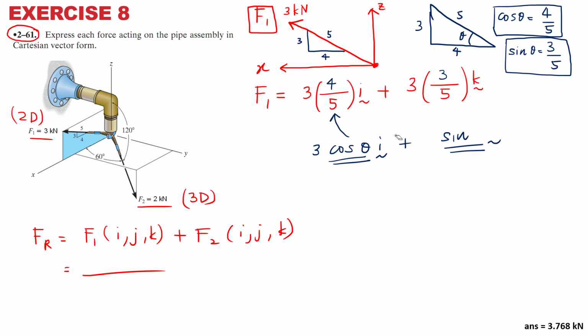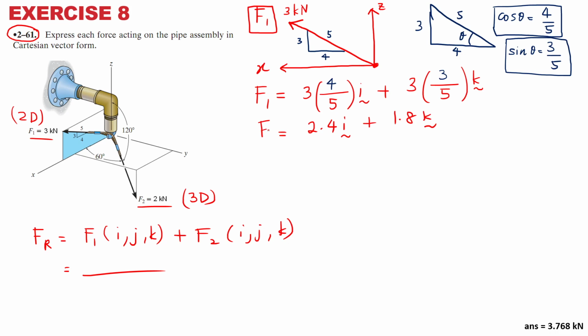So let's continue and write them properly. What do we get from here? Punch in your calculator. 4 over 5 times 3 is actually 2.4i. This one is actually 1.8k.